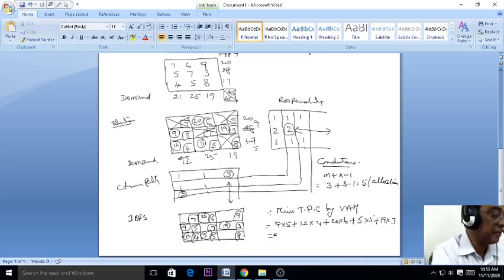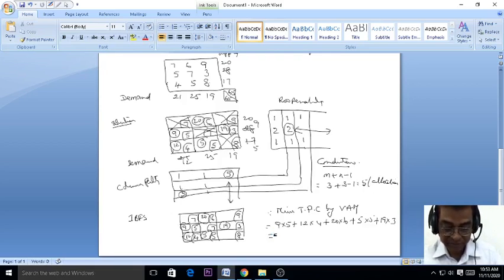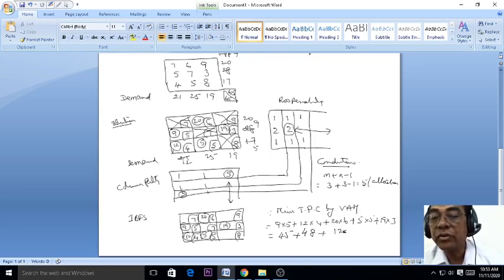So please calculate the values like this. So 9 into 5, 45 plus 48 plus 120 plus 25 plus 19 into 3, 57.